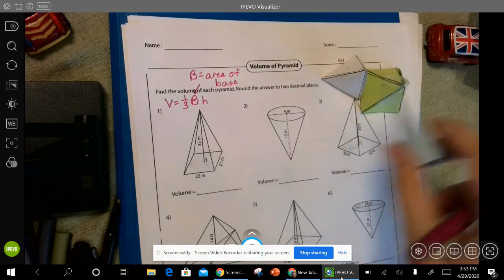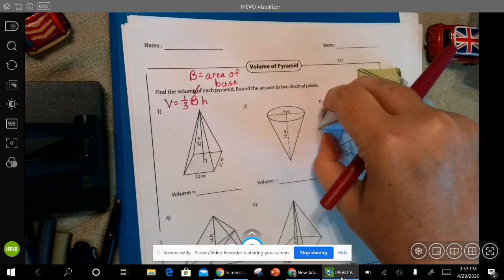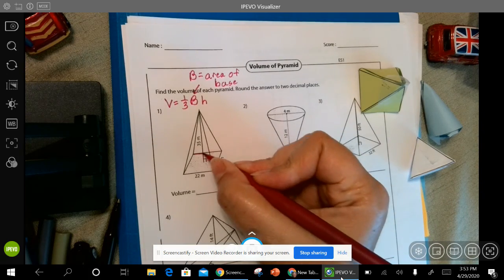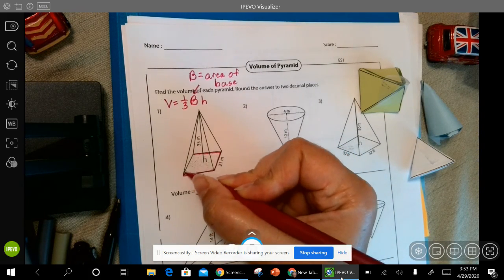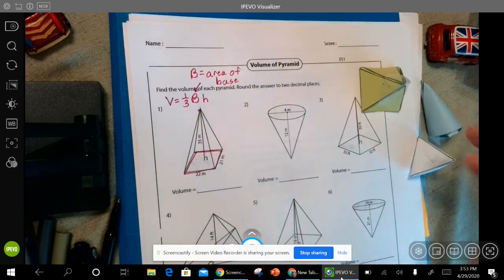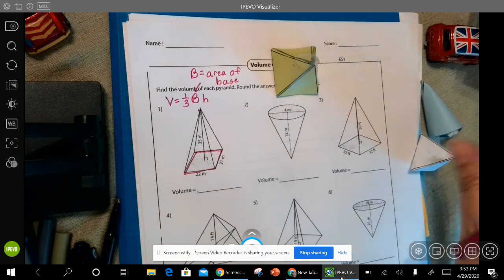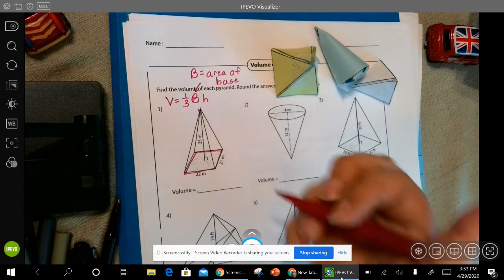Okay, so for this one, everybody, it has different measurements here. This is a rectangular pyramid because it has that point at the top.